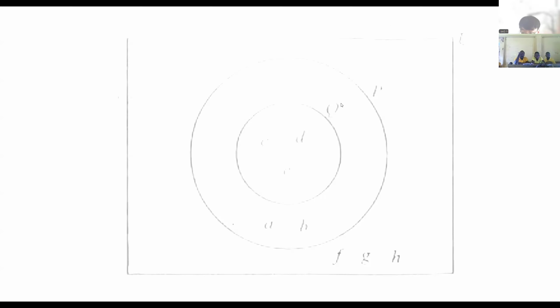Yeah, so member is something inside the set, right? So what are the members of Q? This circle is Q, and inside Q, there are only 3 elements, right? C, D, and E. These are the only 3 members of the set Q.